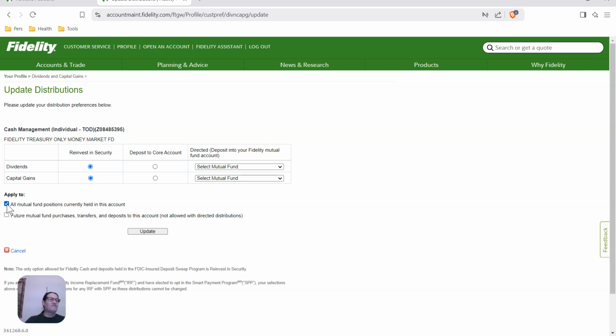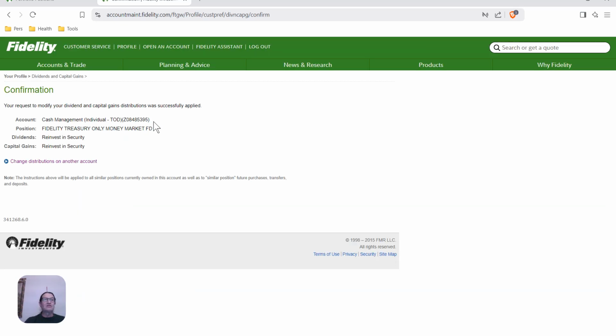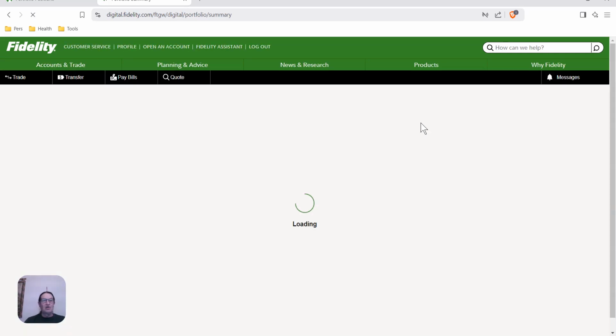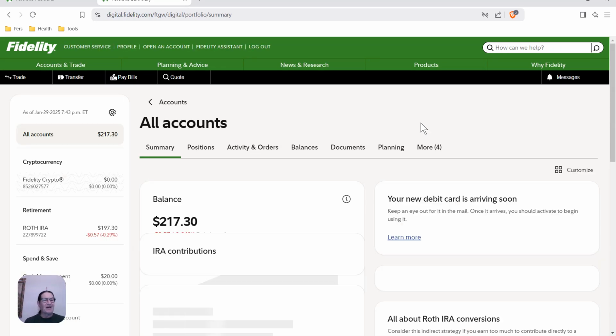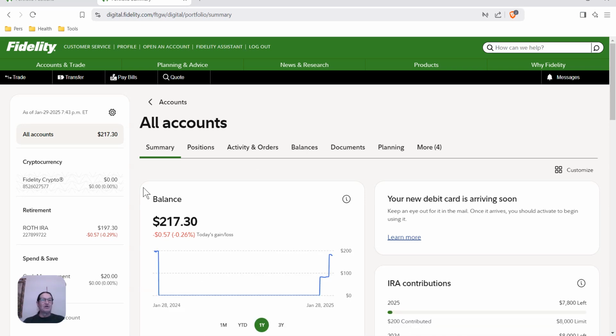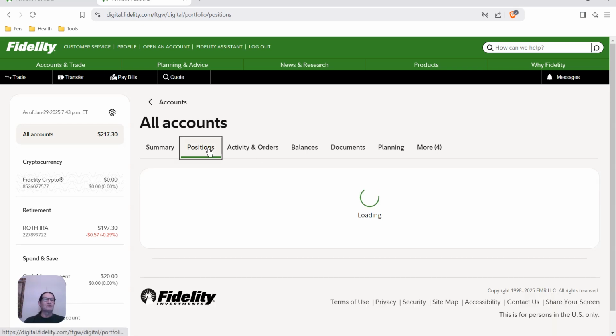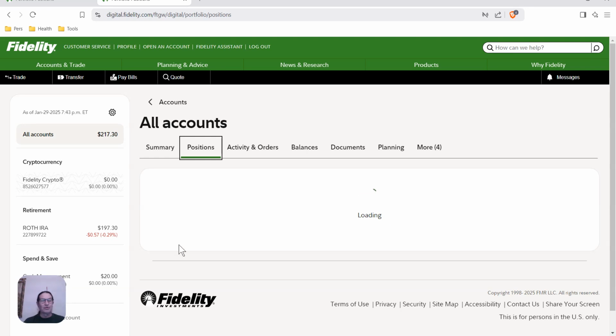Also check all mutual fund positions that are currently in the account, as well as any future, meaning any future money you will be adding to that account. Click on update, and it will adjust this for you so that now any interest you earn on FDLXX will operate as compounding interest. So you're making interest on top of the interest that you earn.